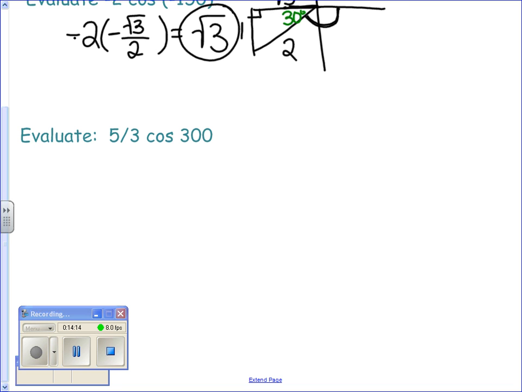Let's look at another example. What quadrant will my angle be in? The fourth? I went 300 degrees. How much do I have left to go? 60.